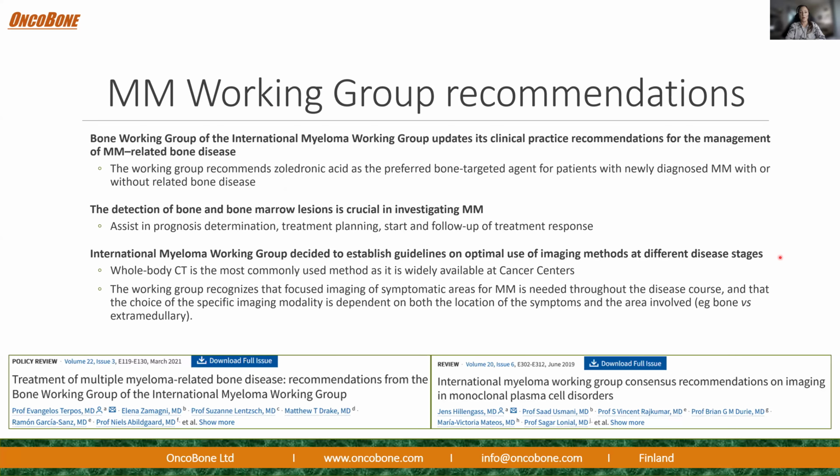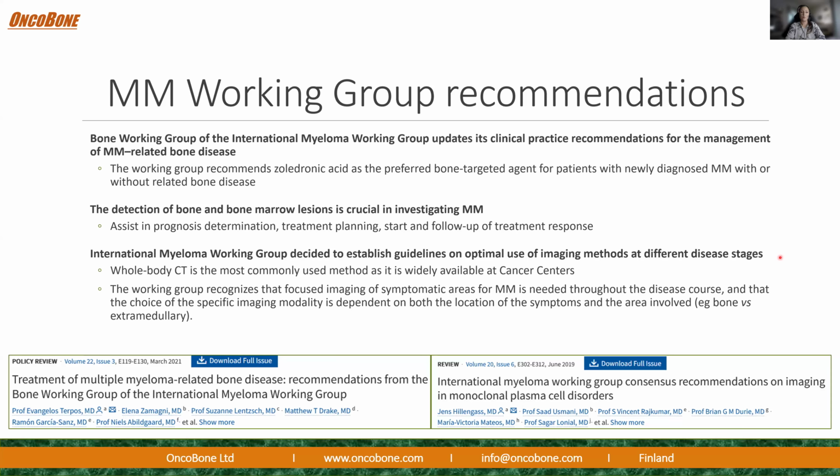The Multiple Myeloma working group has given some recommendations in regards to treatment and imaging in multiple myeloma. In regards to treatments, zoledronic acid, the drug that I mentioned already earlier, is the preferred bone-targeted agent for patients with multiple myeloma. And it is recommended that it be given to patients with newly diagnosed multiple myeloma, either with or without bone-related disease.